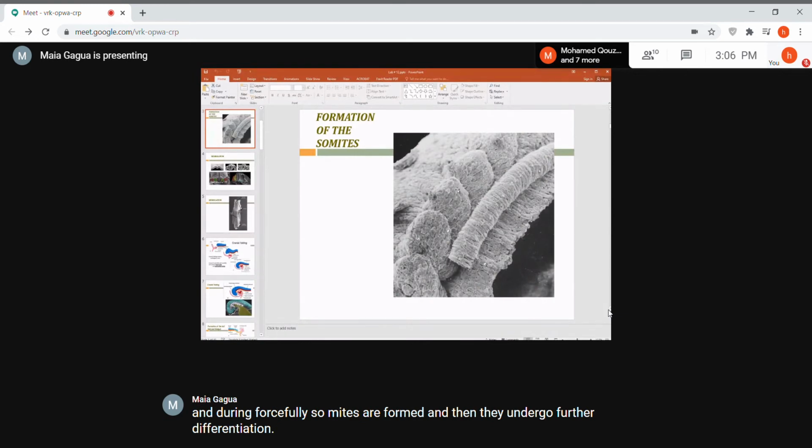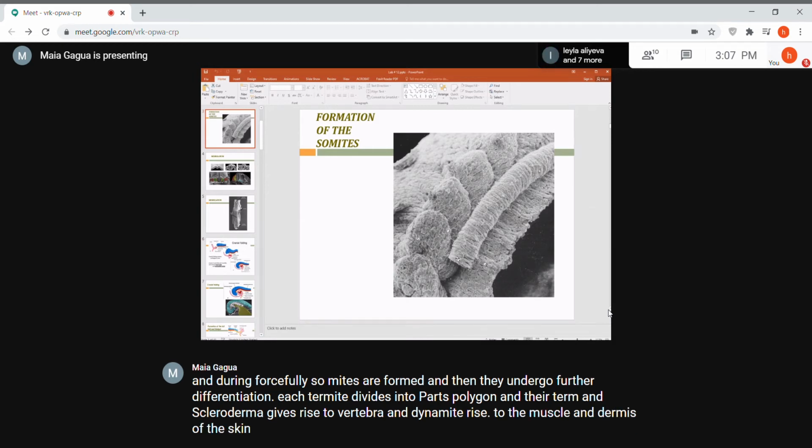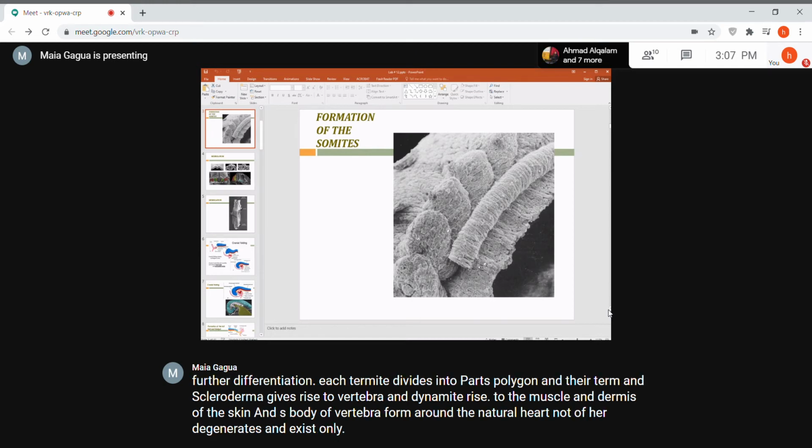Each somite divides into parts, sclerotome and dermomyotome, and sclerotome gives rise to vertebra, and dermomyotome gives rise to the muscle and dermis of the skin. And as body of vertebra form, the notochord around them degenerates and exists only in the intervertebral discs.